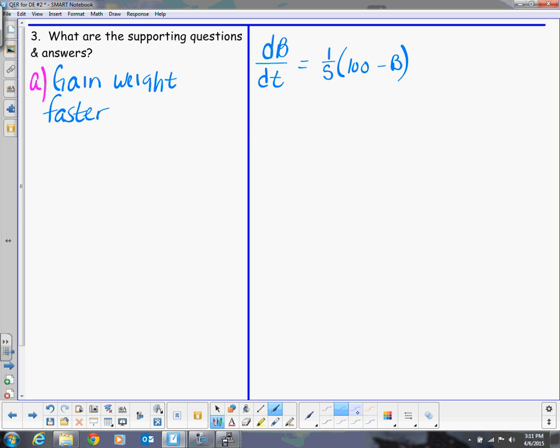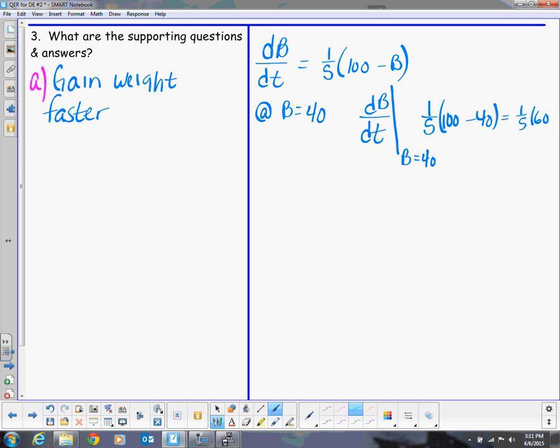So I'm going to put here, at b equal 40, dB over dt. Now, what is some good notation to do this? You can draw this vertical line and put b equals 40 and they will understand what you're doing. 1/5 times 100 minus 40 is going to be 1/5 of 60, which is equal to 12.